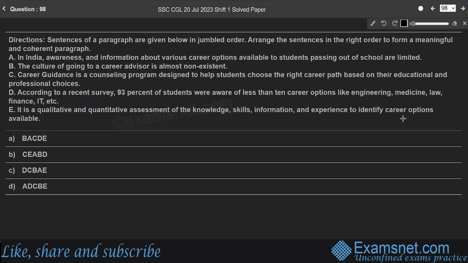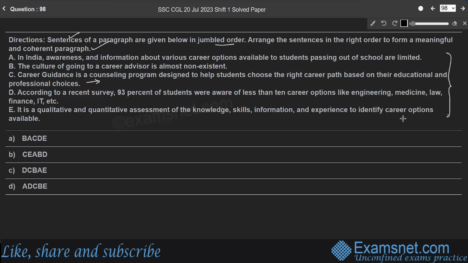Question 98. Sentences of a paragraph are given below in jumbled order. Arrange the sentences in the right order to form a meaningful and coherent paragraph. Here 5 sentences are given, so we need to arrange these sentences in a particular order so that they form a meaningful and coherent paragraph. Look at sentence C. Career guidance is a counseling program designed to help students choose the right career path based on their educational and professional choices.